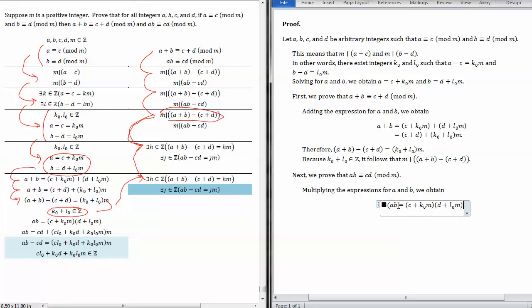We multiply that out, then separate terms and factor. We eventually got cd plus c l naught plus k naught d plus k naught l naught m, all that times m.